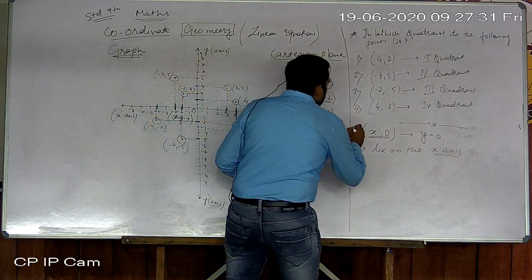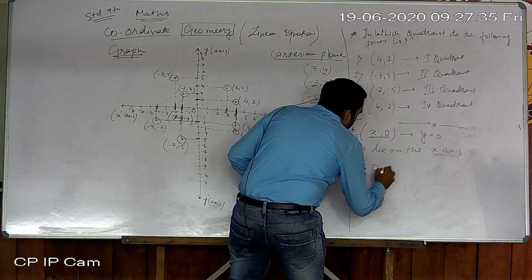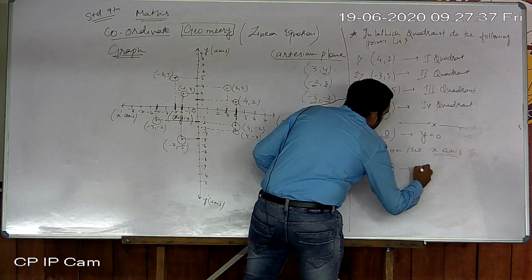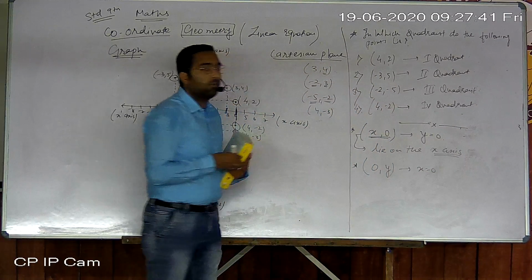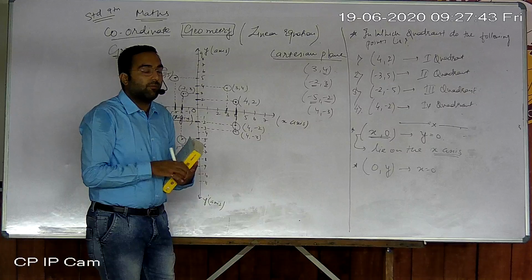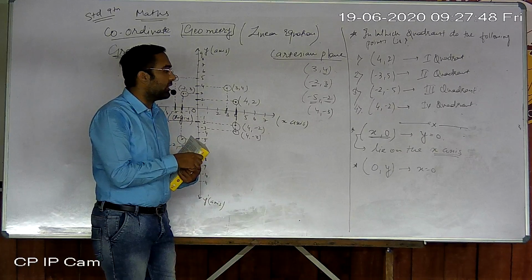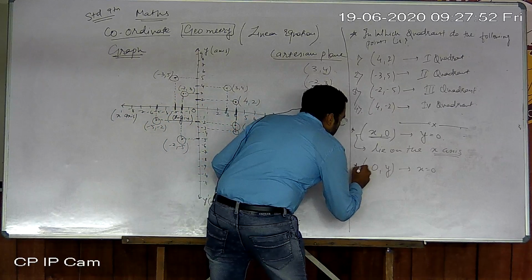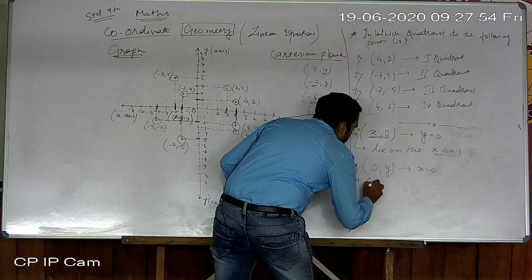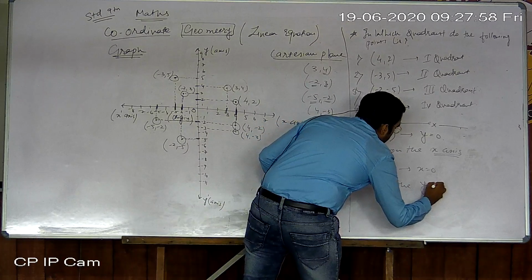The second main important thing is that whenever we take x equal to 0, and the value of y is positive or negative, any kind of that, they lie on the y-axis.